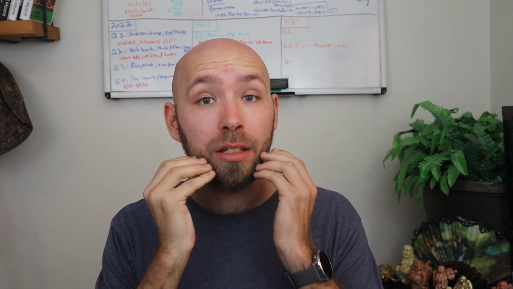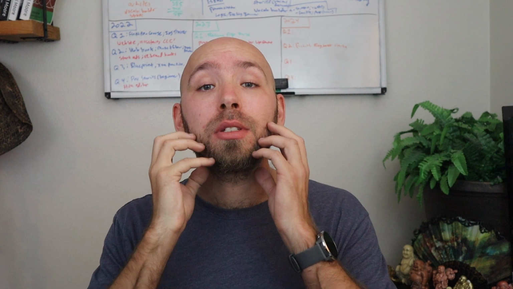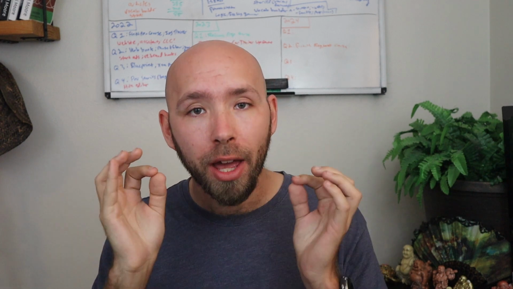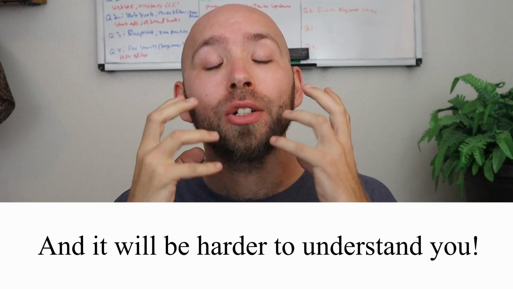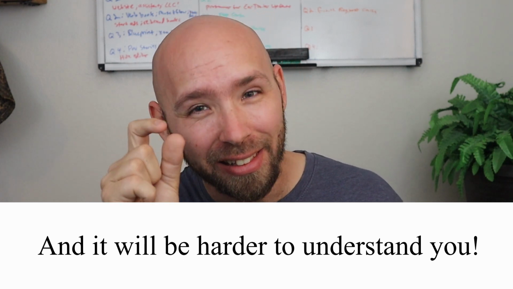So the second most important thing is the tongue. Now, I mentioned earlier that about 90% of this is in the tongue, and that's definitely true. So why is the jaw number one and the tongue is number two? Well, as I said, we need more space in the mouth. If you don't have enough space, it doesn't matter what you do, your sounds are going to be at least a little bit off.